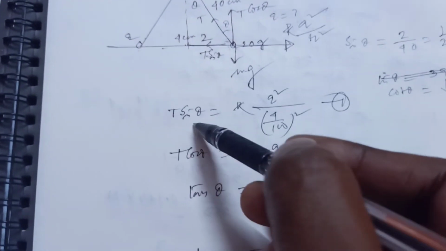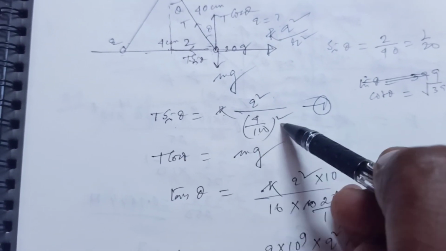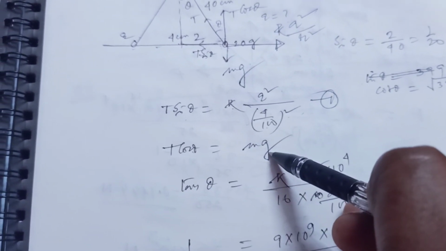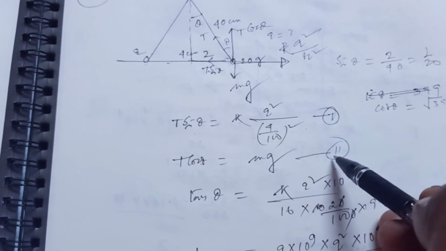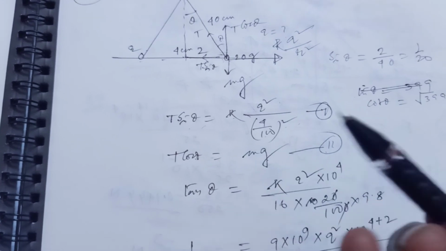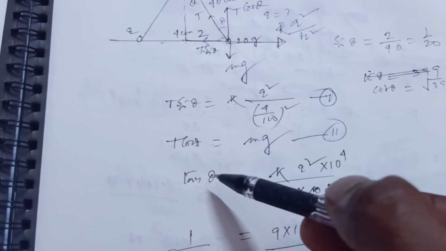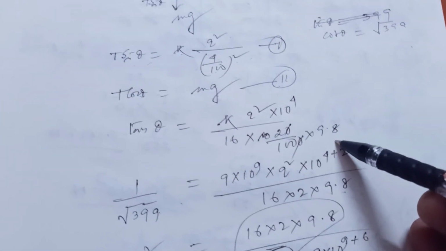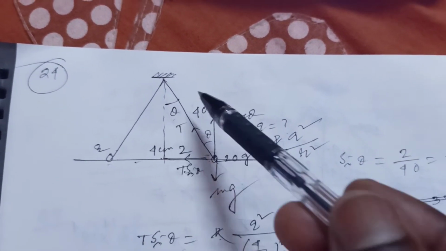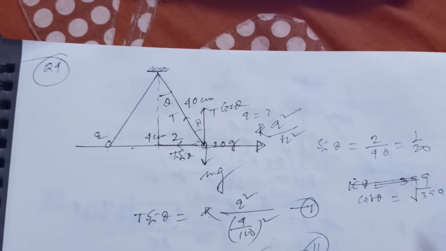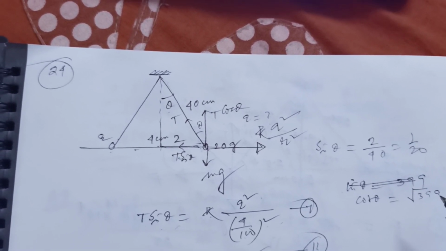So T sin theta equals kappa q square by (4 by 100) square, and T cos theta equals mg. In all pith ball problems you get two equations, then divide them, and this is the basic rule. So tan theta equals this one, and you can calculate theta from sin theta equals perpendicular by hypotenuse, and then calculate cot theta.